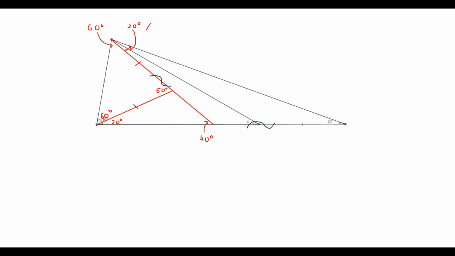But let's actually just take a look at something very interesting that I notice. This side and this side are the same. This side here and this side here are the same. But this side's equal to the little dash, and this side's equal to the little dash.